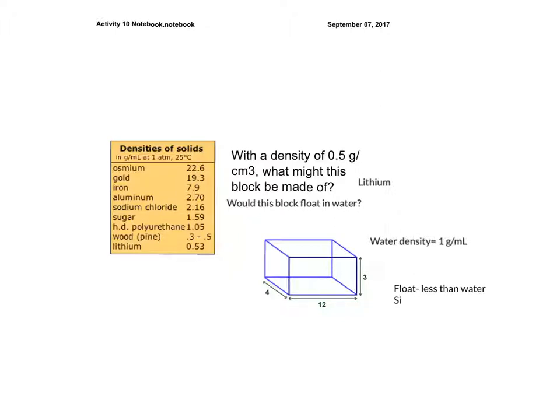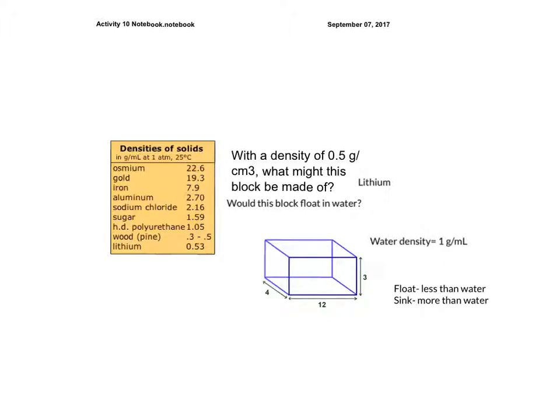If it's going to sink, then the density of this block must be more than the density of water. Okay? So that's our little rule of thumb, and that works with anything. If something's going to float, that means it is less dense than whatever it's in. If something's going to sink, that means it's more dense than whatever it's in.